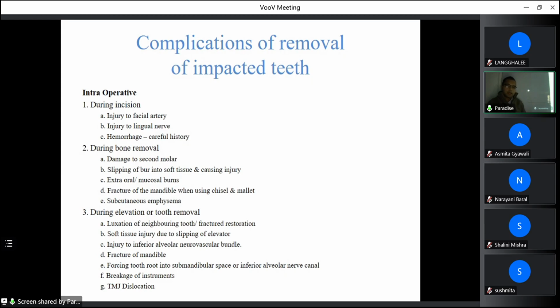Due to a cardiac reason, he is taking warfarin. Will you do a normal extraction, or will you stop the warfarin yourself, or do a medical or cardiology consultation?